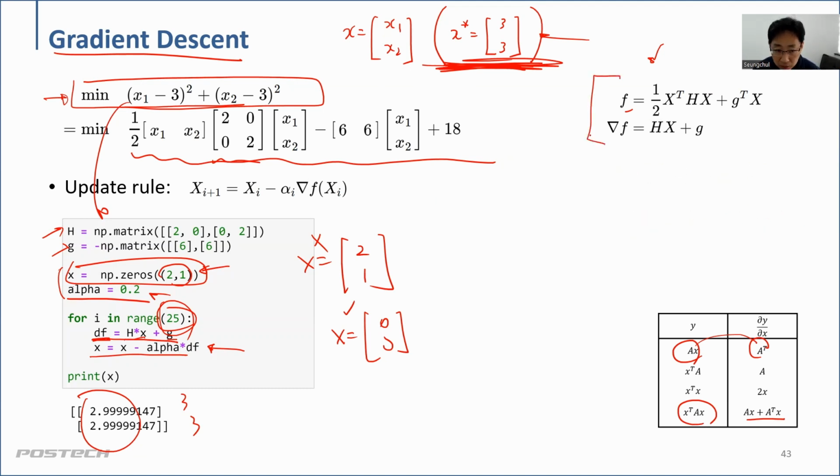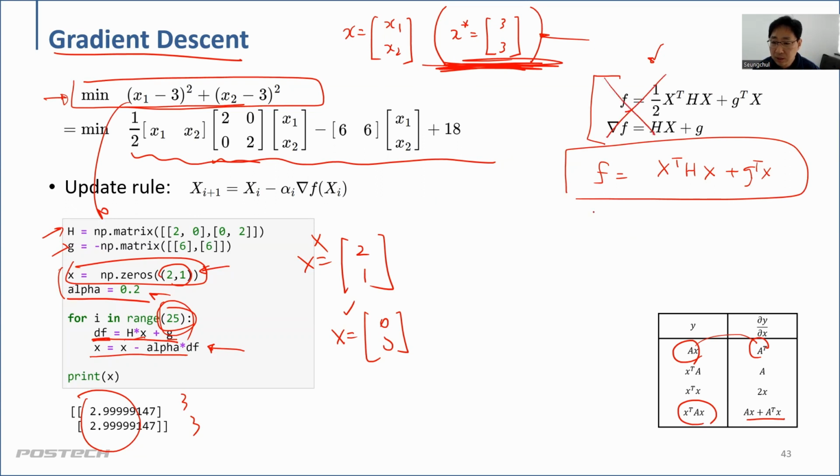This is one way you can do this. Suppose we define it without the half, then the gradient of F should be 2HX.